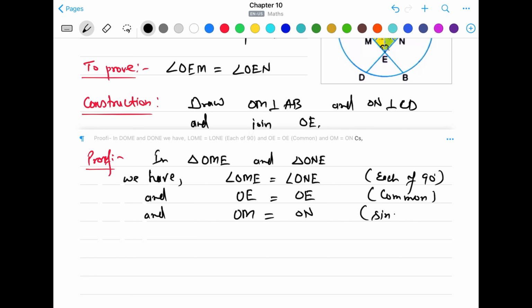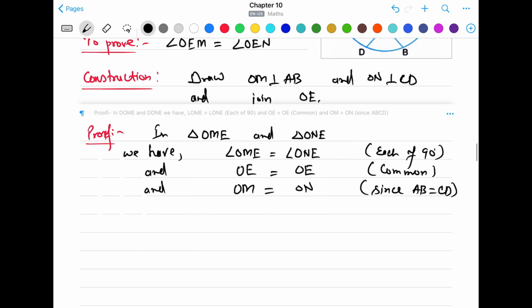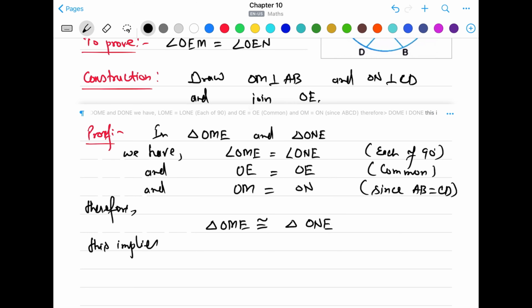Okay, since AB is equal to CD. Since AB and CD are two equal chords, therefore their distance from the center will be equal. So we'll write therefore triangle OME is congruent to triangle ONE. This implies angle OEM is equal to angle OEN.